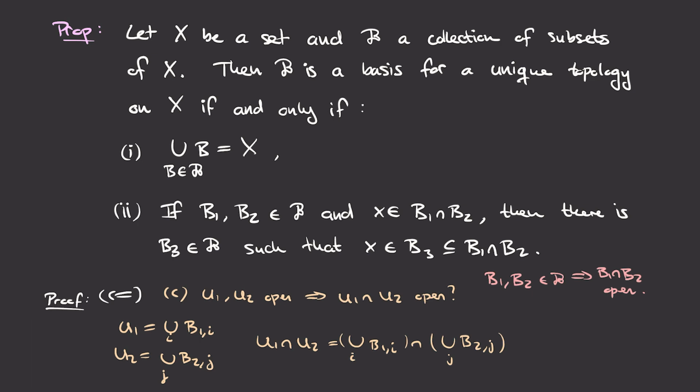And now by basic set theoretic properties of the union and the intersection, namely that they distribute over one another, this whole thing is equal to the union over the index i and j combined over intersections b1i with b2j. If you want to think about how this expression was transformed, it's easiest to do in two steps.